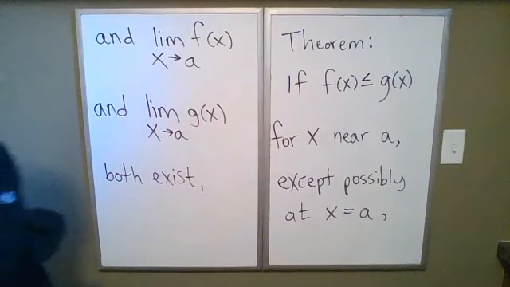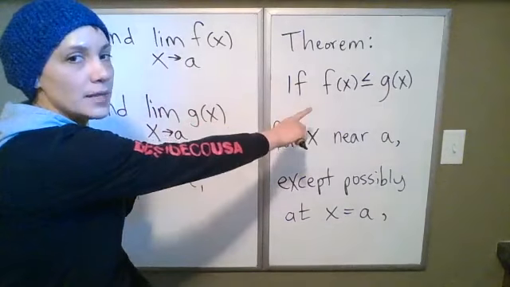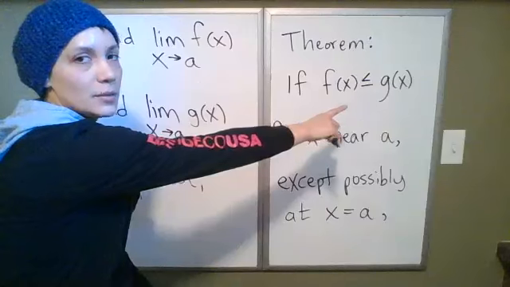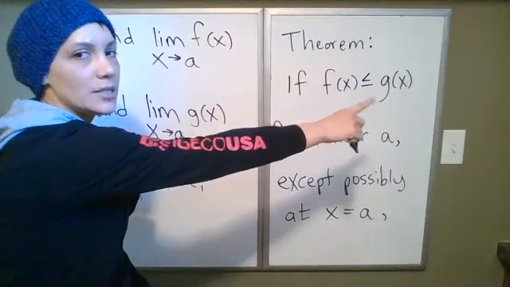Then the limit as x goes to a of f of x will be less than or equal to the limit as x goes to a of g of x.